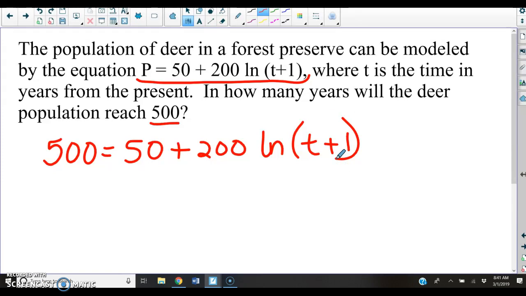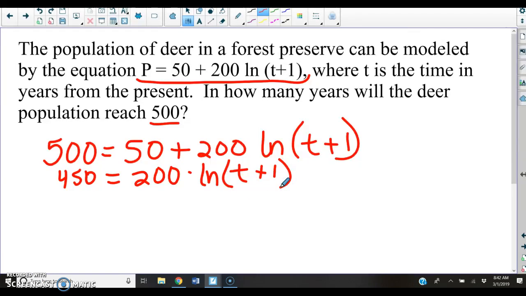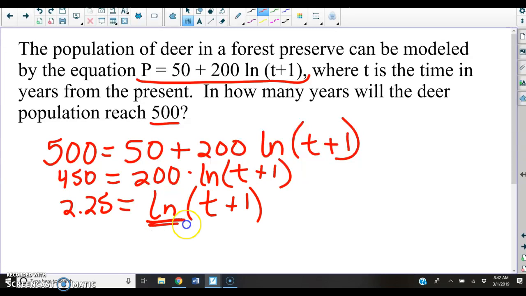Okay, so when we subtract 50, we'll have 450 equals 200 times that natural log. Okay, when we divide, I believe it's 2.25. I'll do it again. Yep. Okay, now this side has a logarithm, this side does not.